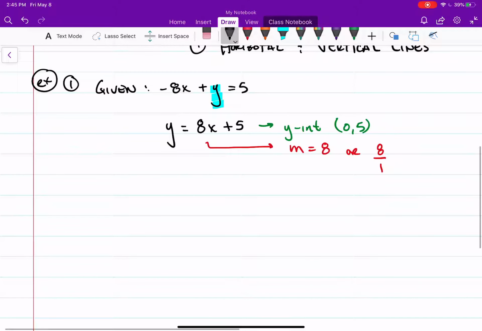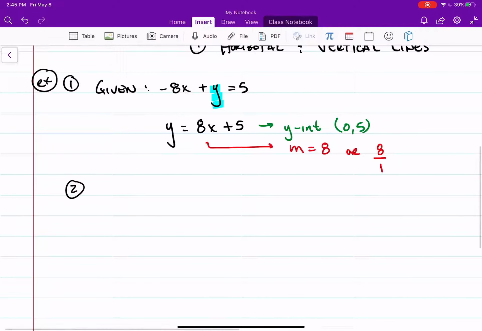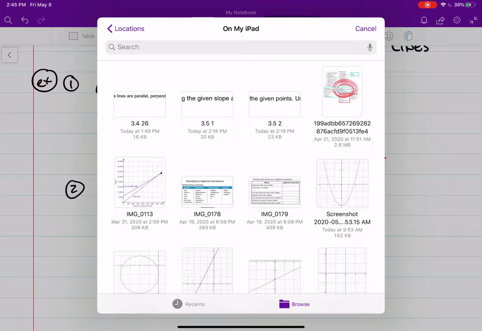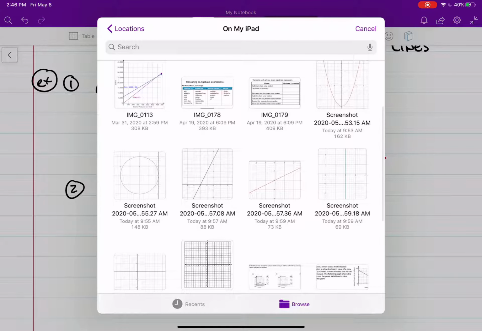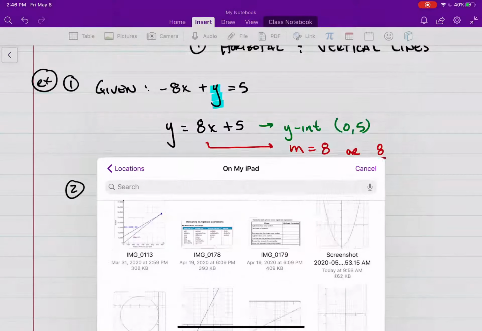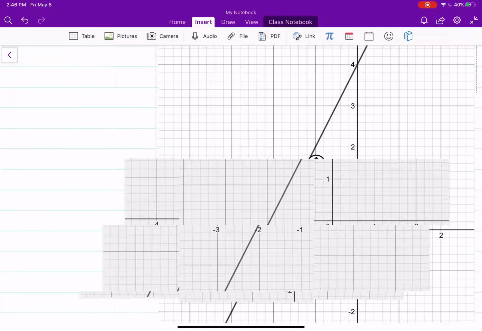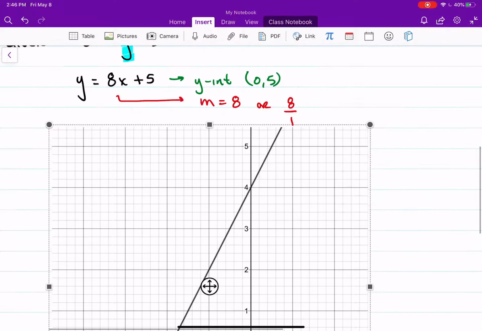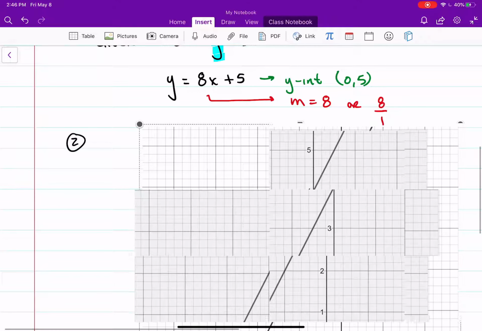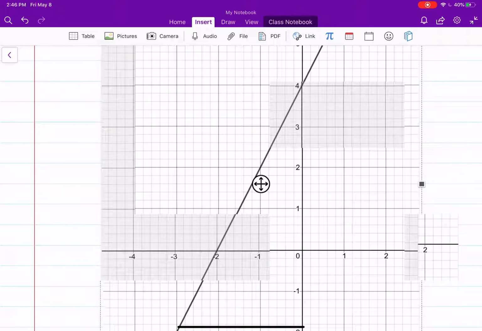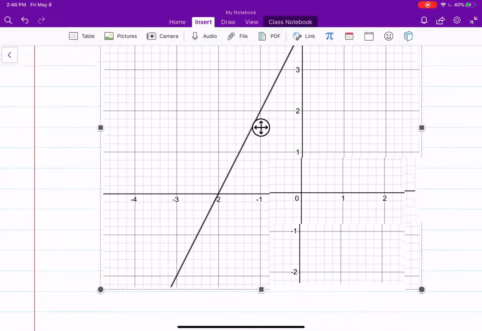So possibility number 2. Let's say I have a graph, let's use this one.